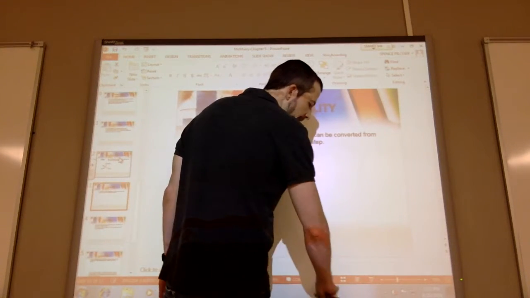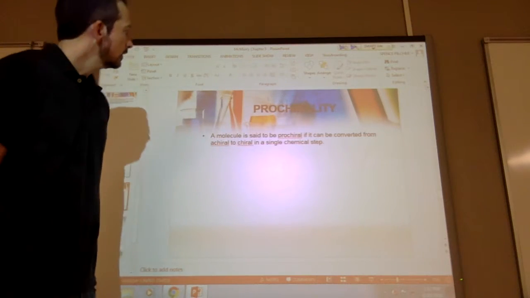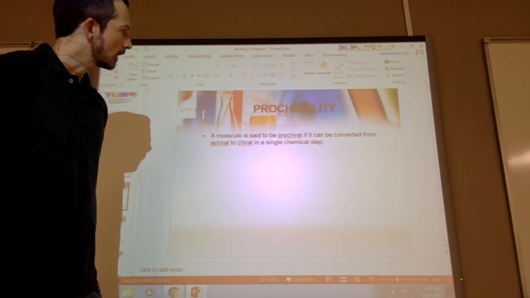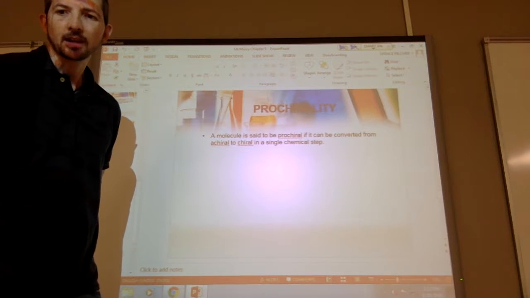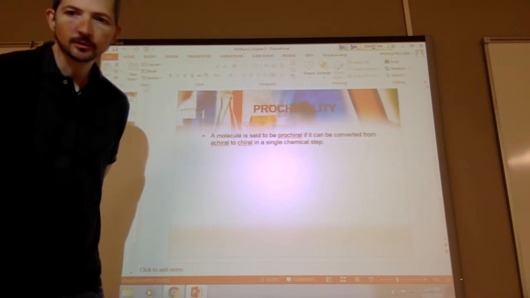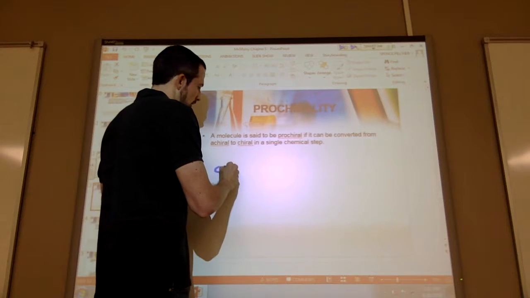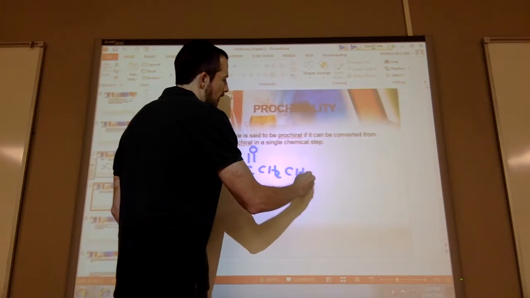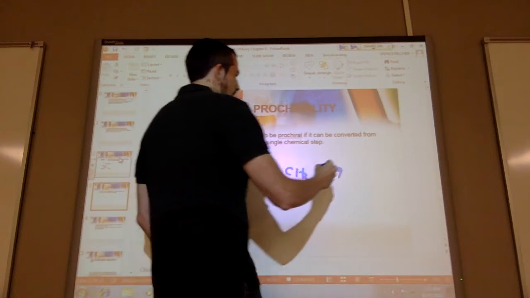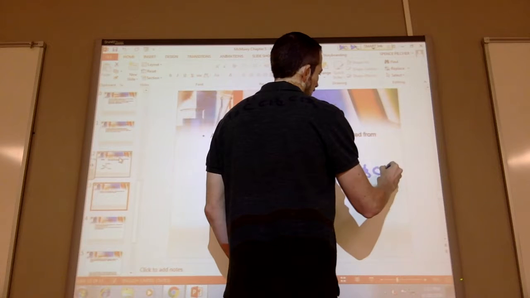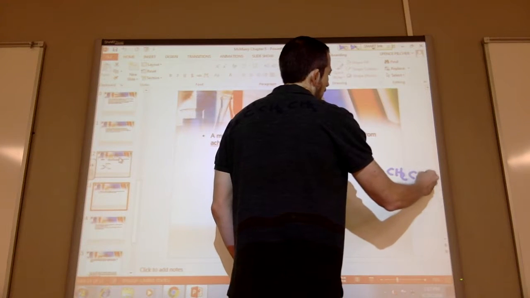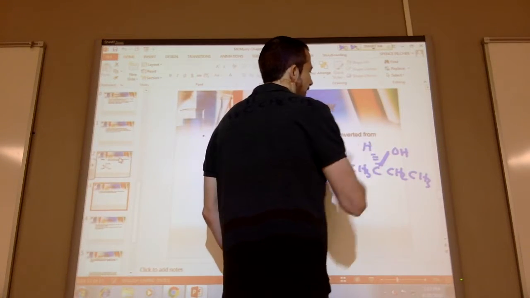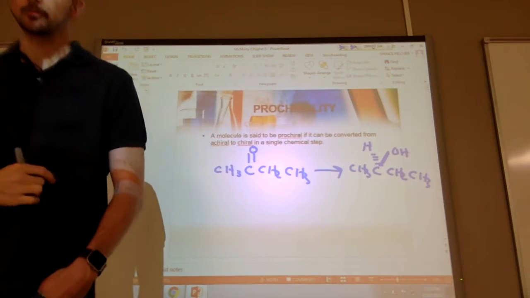We've got a couple more concepts in this chapter now. This is the concept of prochirality. A molecule is said to be prochiral if it can be converted from achiral to chiral in a single chemical step. So this would be an example.